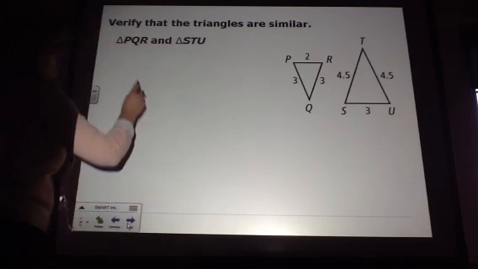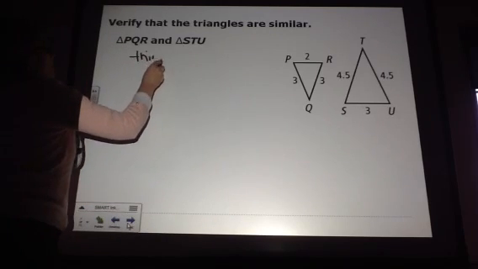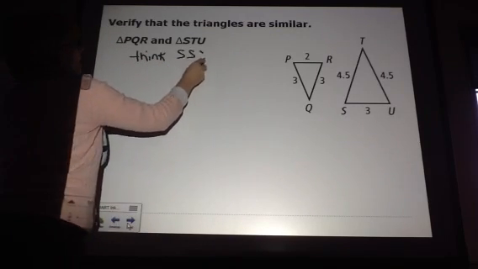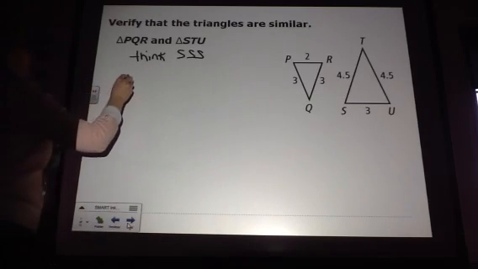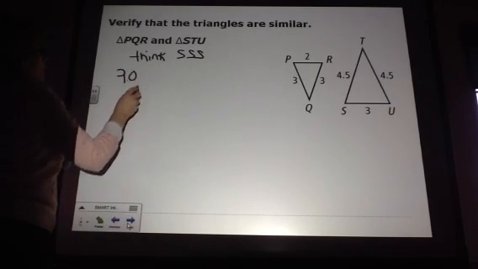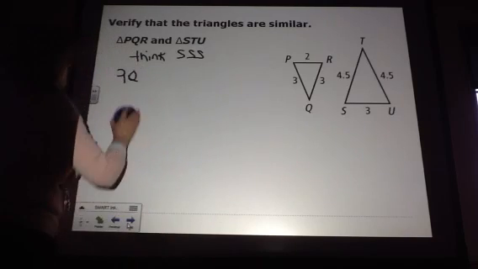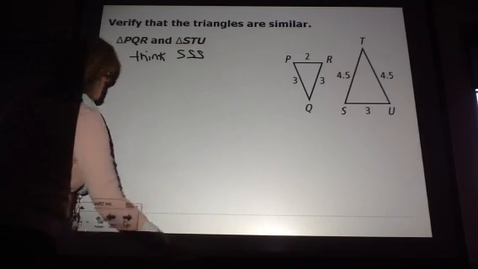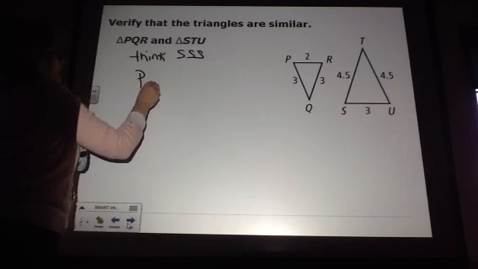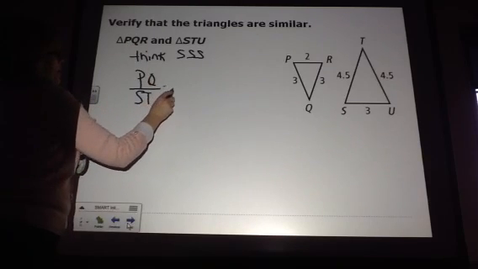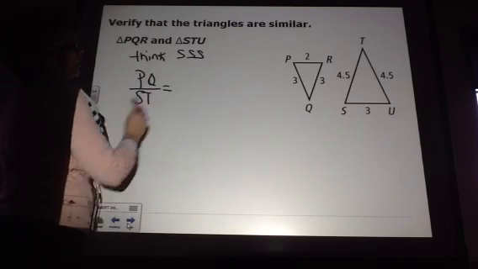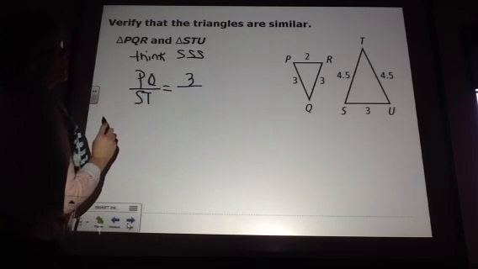So on this one we need to start thinking side, side, side, because all we have here are side measurements. Okay, so let's set up our similarity. So we have PQ. Well, PQ corresponds with ST. PQ is 3.